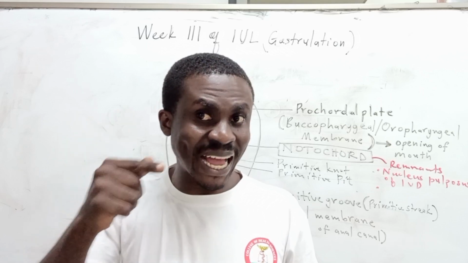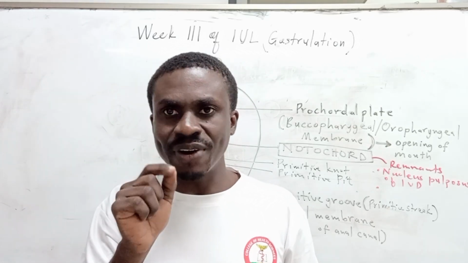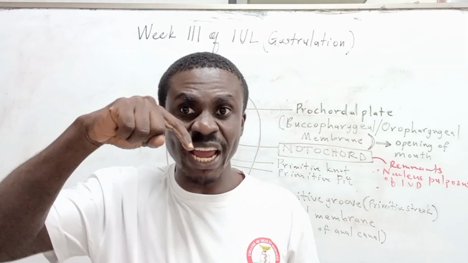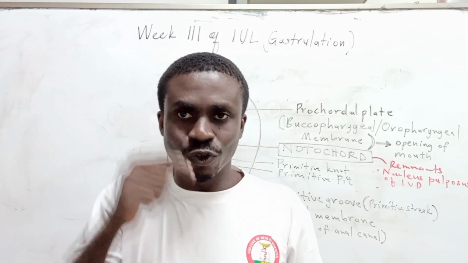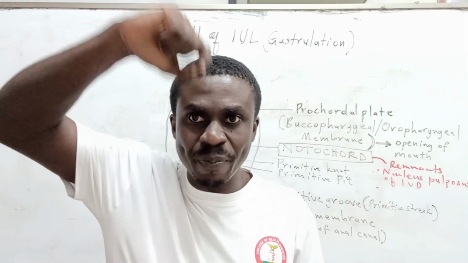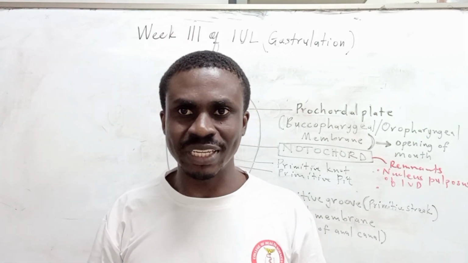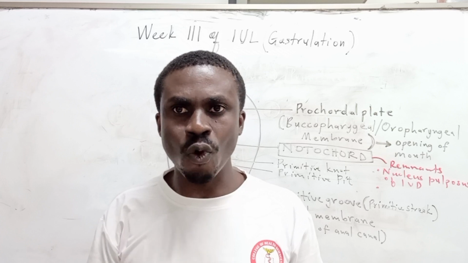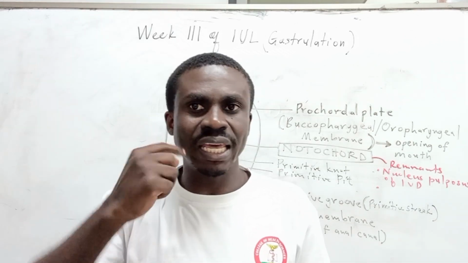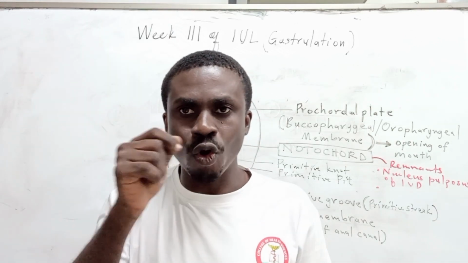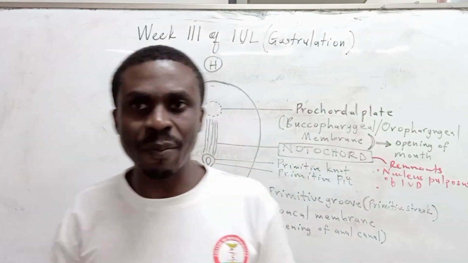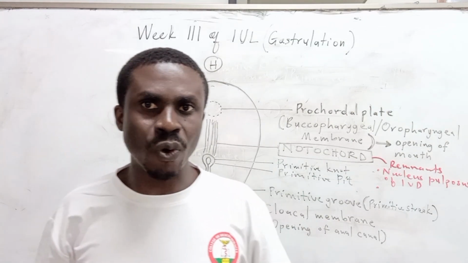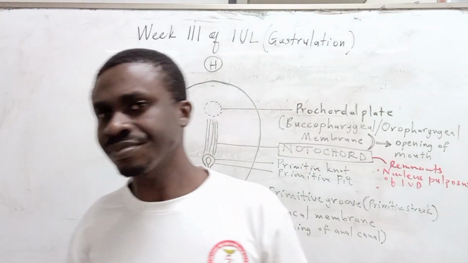The second one is the axis. The axis has a tooth-like process, which you call the dens or the odontoid process. There is a ligament extending from the apical portion of this odontoid process, and that ligament, the apical ligament of the dens, is also coming from the remnant of the notochord.